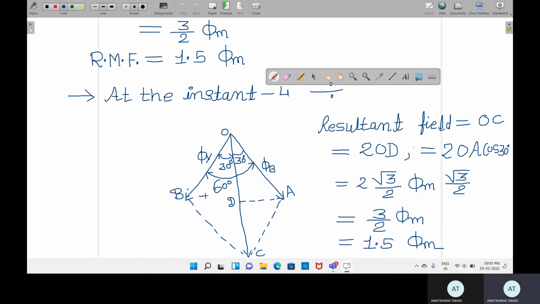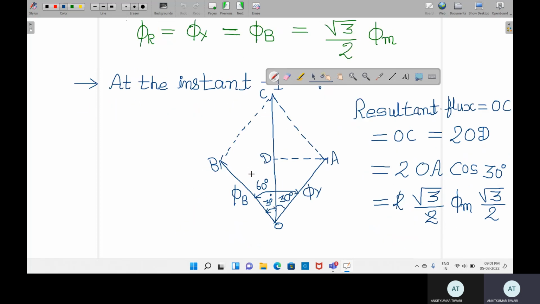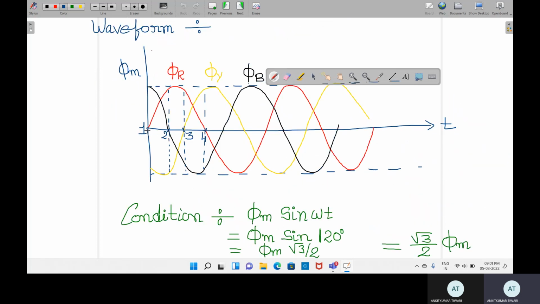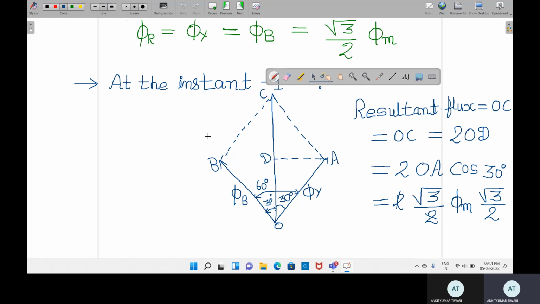It means that the vector has been shifted from 0 to 180 degrees, because we have studied the half cycle from 0 to 180 degrees, and we have considered 4 instants at regular intervals for the half cycle, and all 4 instants have given us the resultant value of the fluxes.